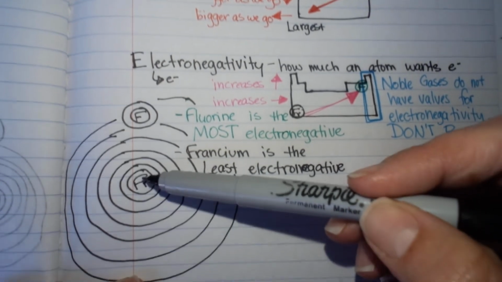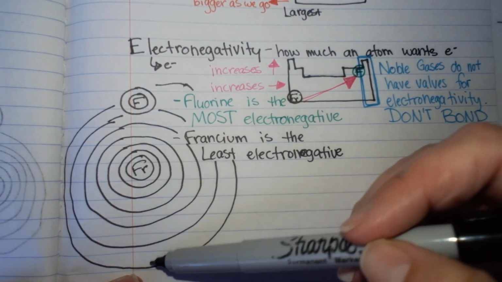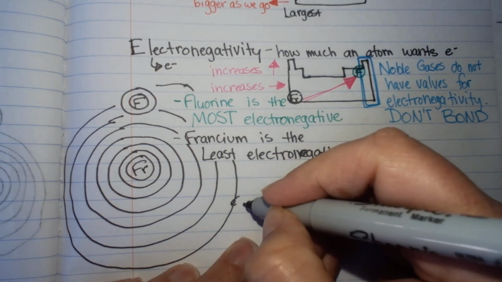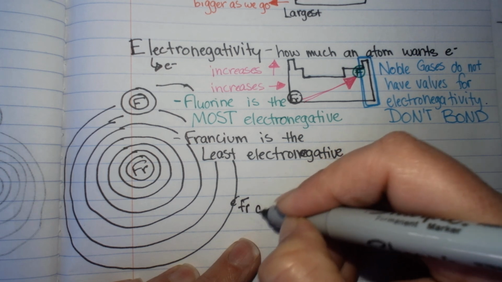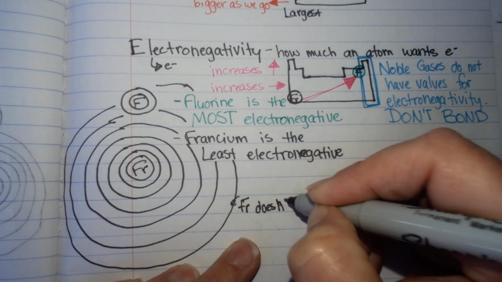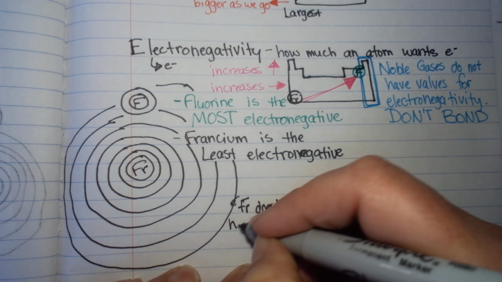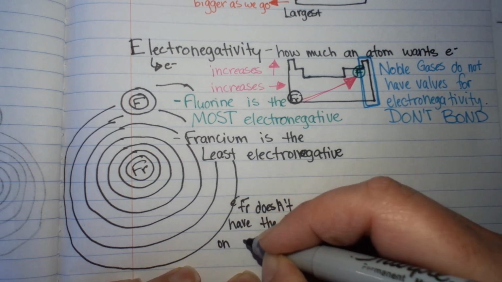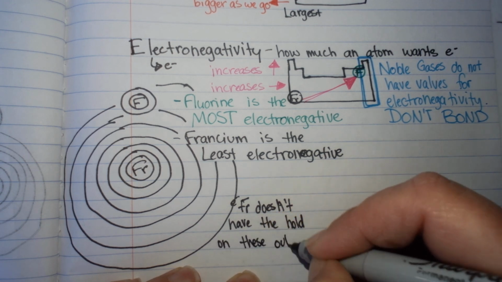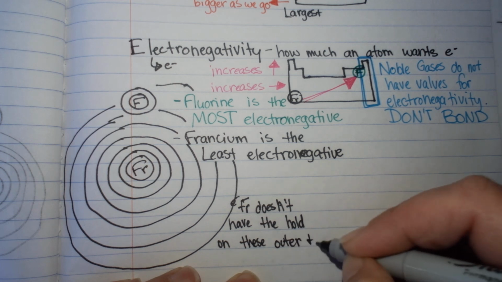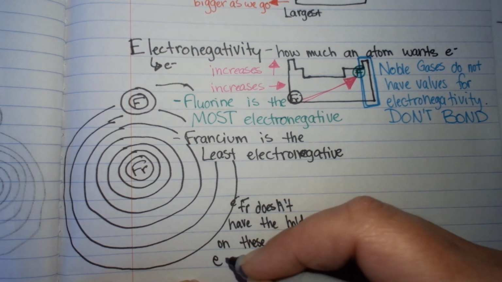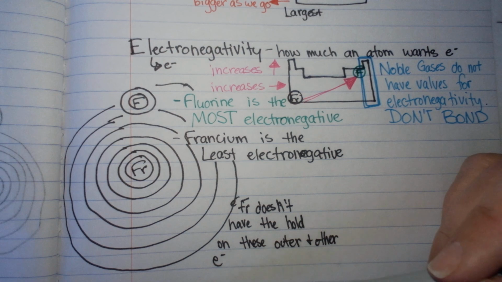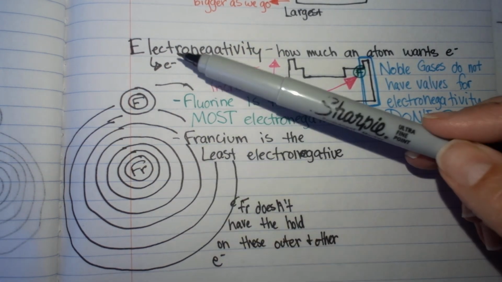However, there's a pretty big space between the nucleus and the outside of the electron cloud. So this electron out here, francium doesn't have the hold on these outer and other electrons that fluorine does.